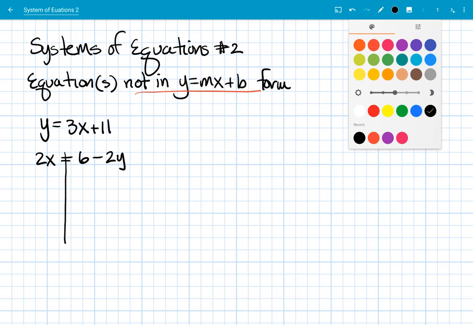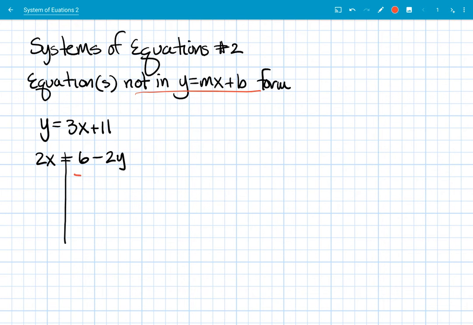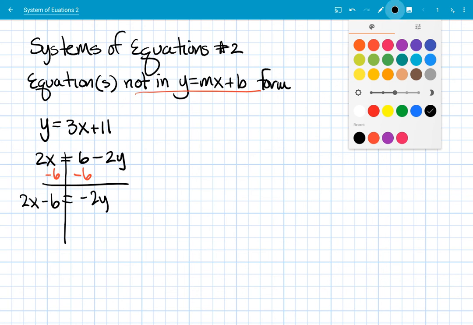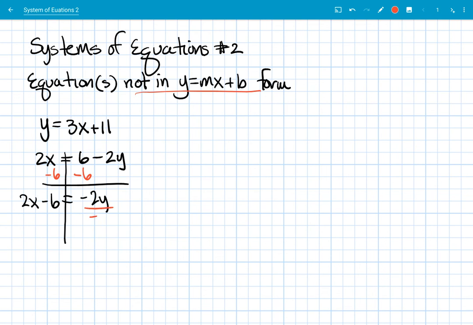So I'm going to move the 6 over. And that gives me 2x minus 6 equals, and I have to be careful, that's a negative 2y. And then we'll divide by negative 2, and every term gets divided by negative 2.